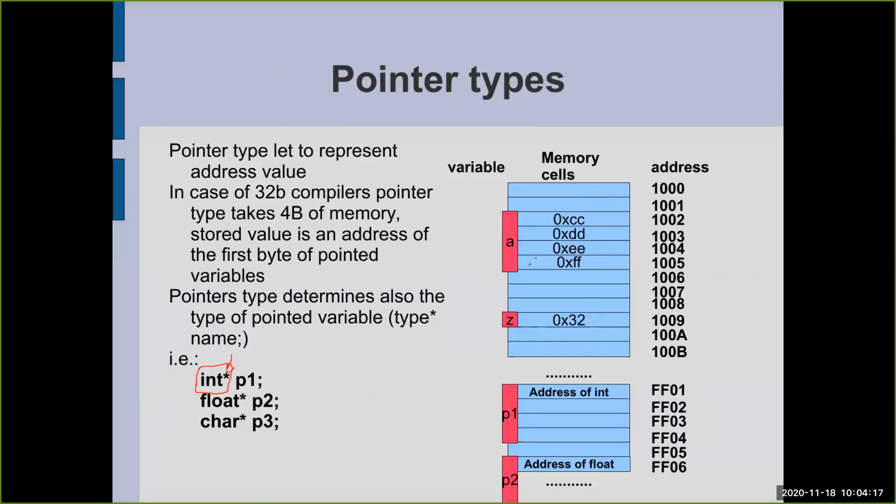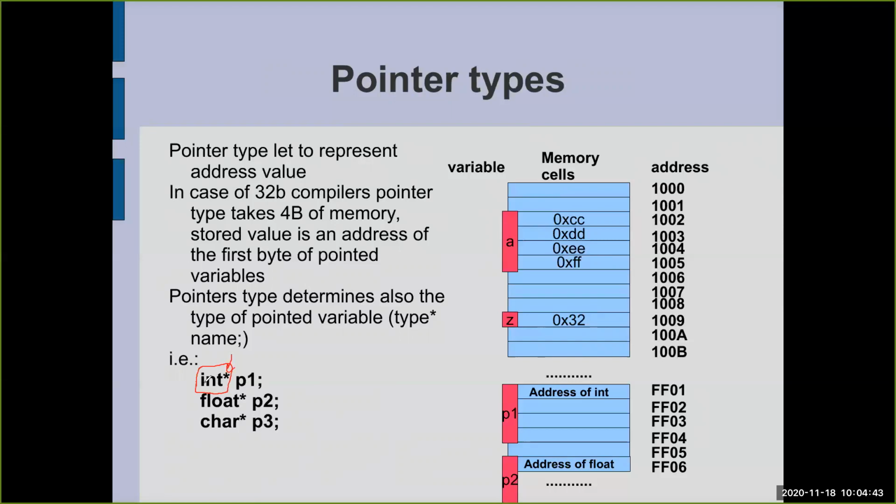Int stores an integer value. Int asterisk stores an address. In fact, I told you that the address is also an integer value, but the size of a pointer depends on the compiler architecture.